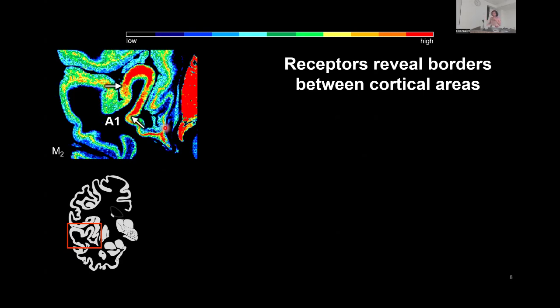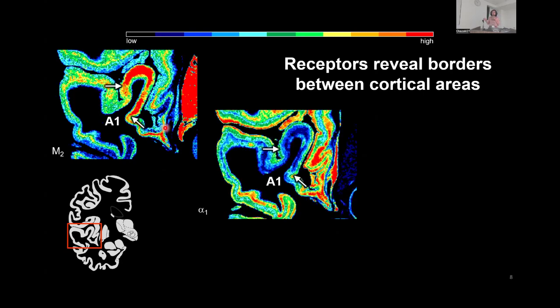And then if we look at a neighboring section, where we have looked at the alpha-1 receptors, you can see that alpha-1 receptors are significantly lower in A1 than in surrounding areas, but the places at which the densities change are comparable in these two sections, okay?